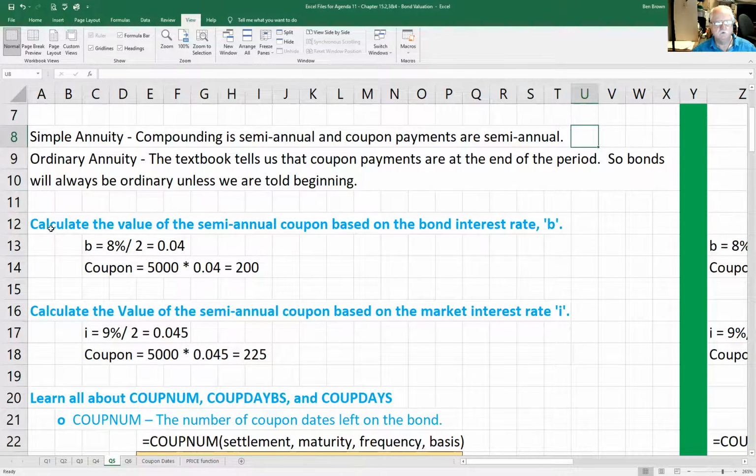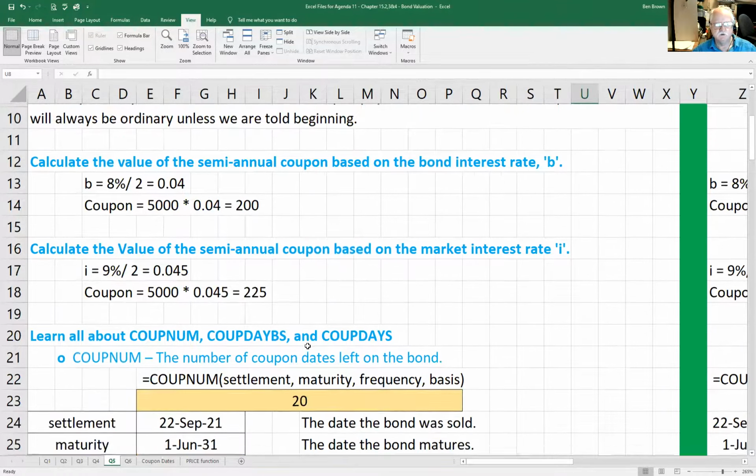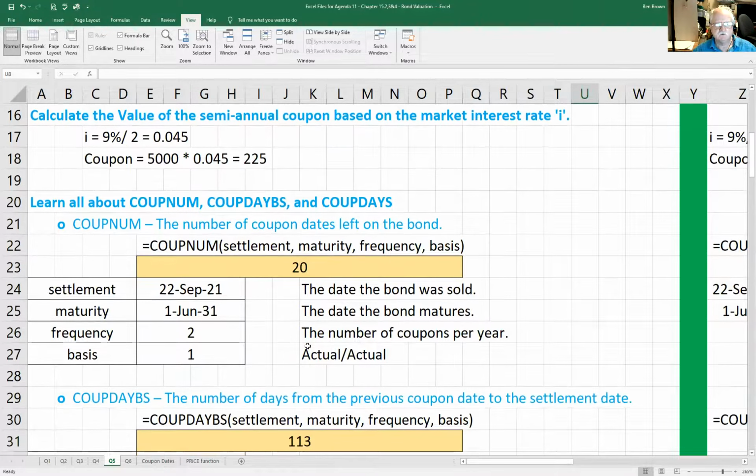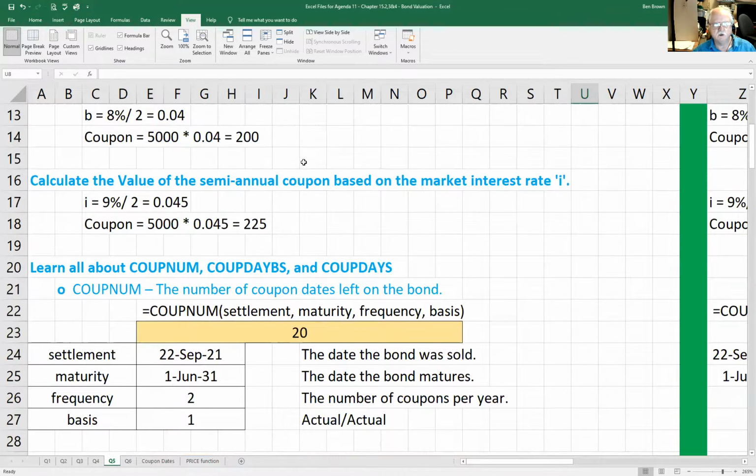So we can see the bond, or the coupon, is worth $200, but at the market interest rate, the coupon would be worth $225. So we're going to have to keep those two numbers in the back of our mind.